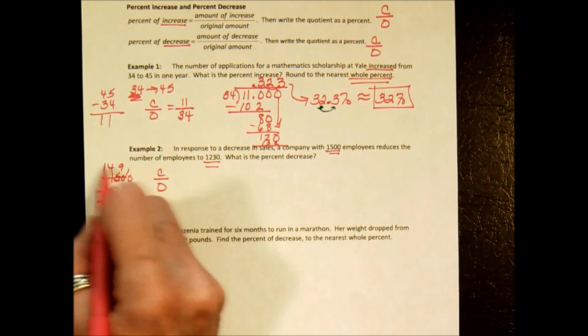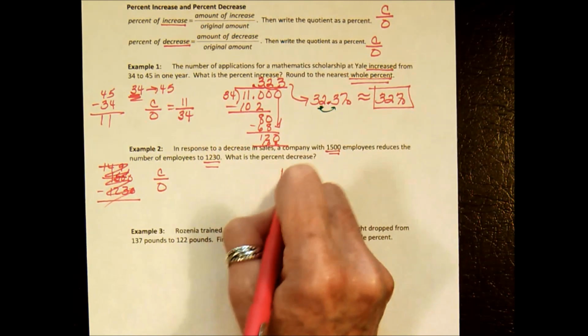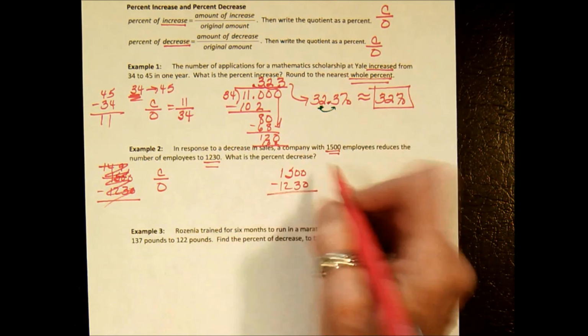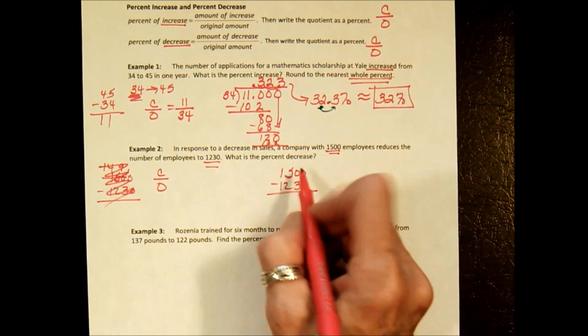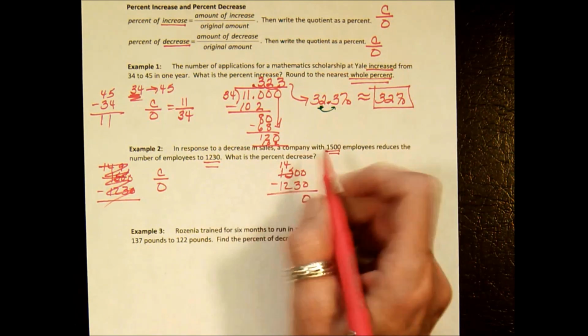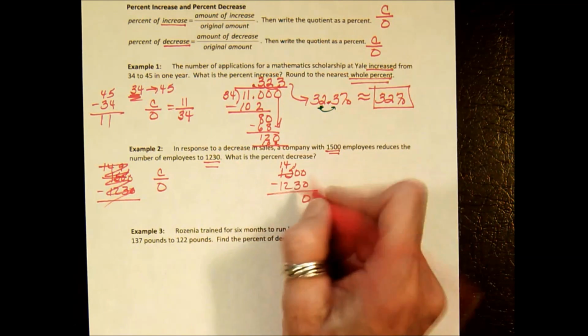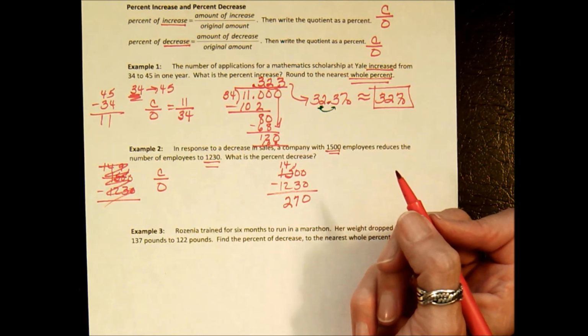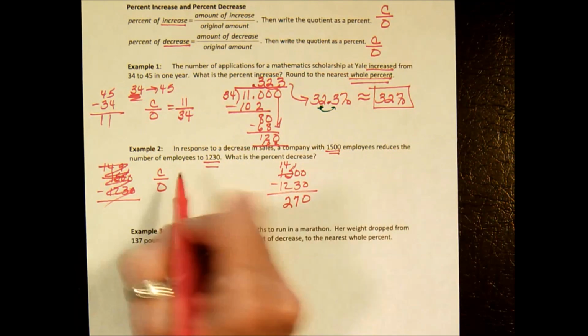We didn't have to do that. Scratch that. I was so ready to do that that I wasn't paying attention. I can do the first column. Now I'm going to borrow, make that a 14, make that a 10. 10 take away 3 is 7. 4 take away 2 is 2. So the change amount here is 270.